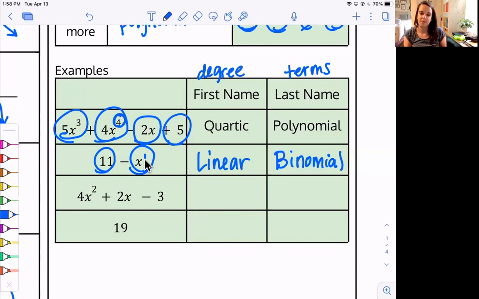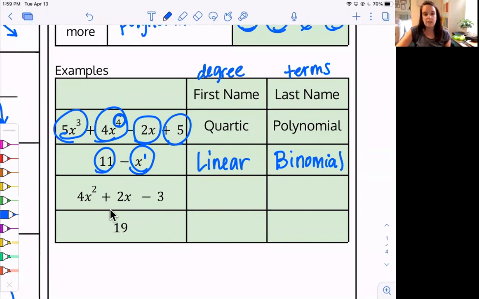Binomial, great job. All right, so a linear binomial. Nope, David, remember this is in green, so you're just helping me out. You're typing when you know the answer. It's in green, so you don't have to write it in your notes. So don't forget, you're not writing this down. He's just helping me. Yeah, no problem.